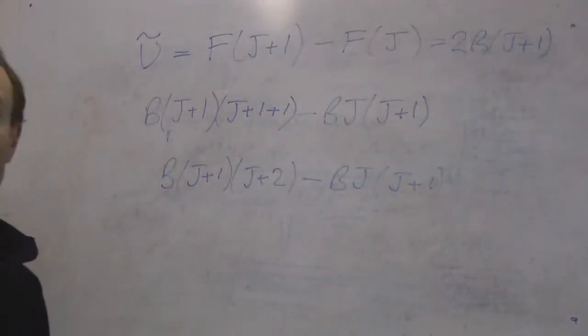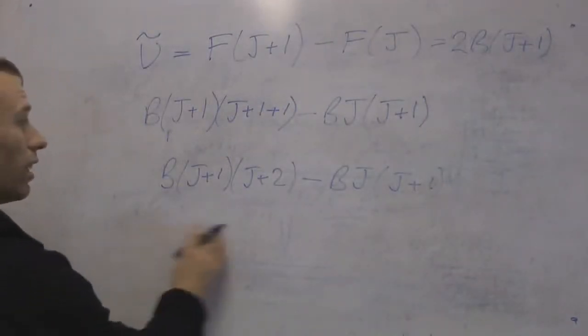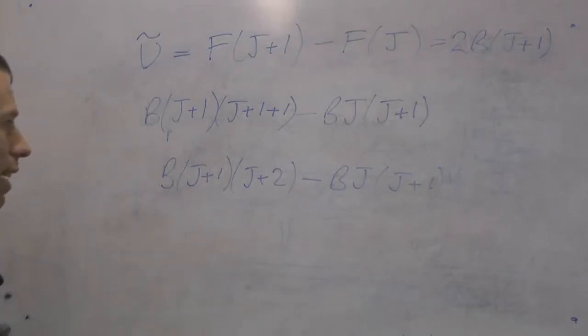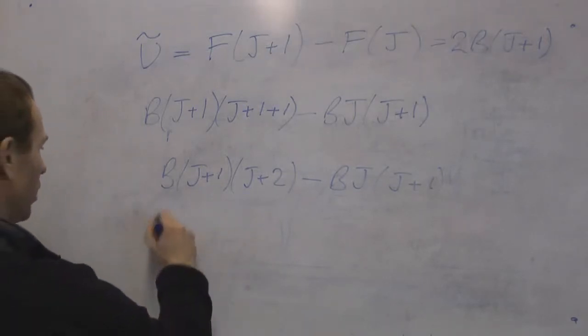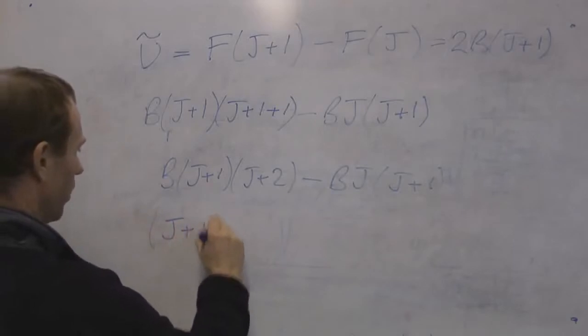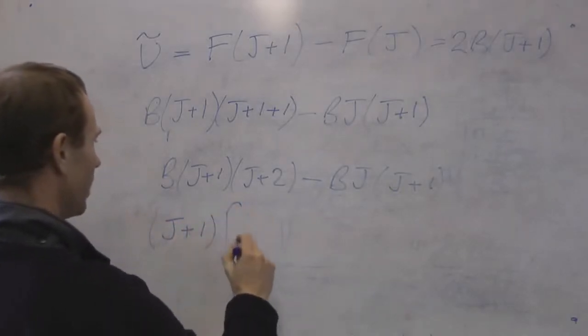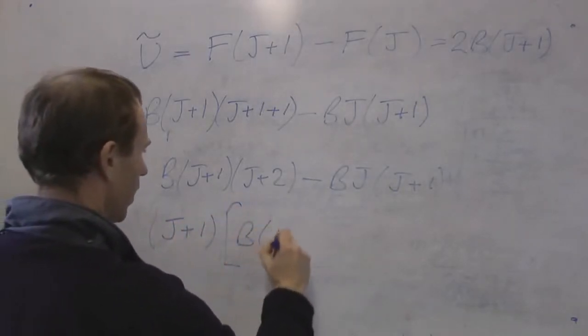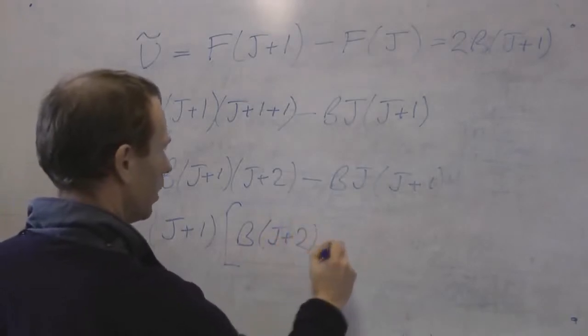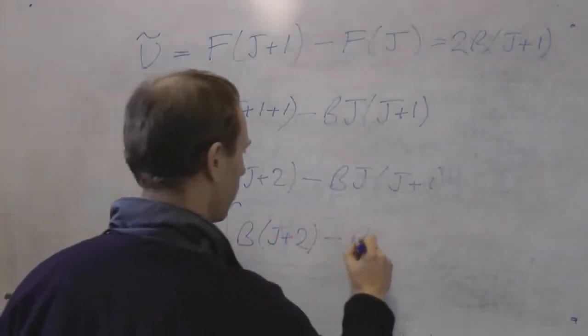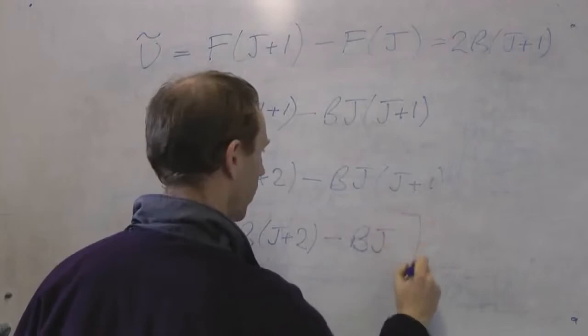What we need to do now is take out J plus 1 as a factor. So we'll take out J plus 1, and that leaves us inside B(J plus 2) minus BJ.